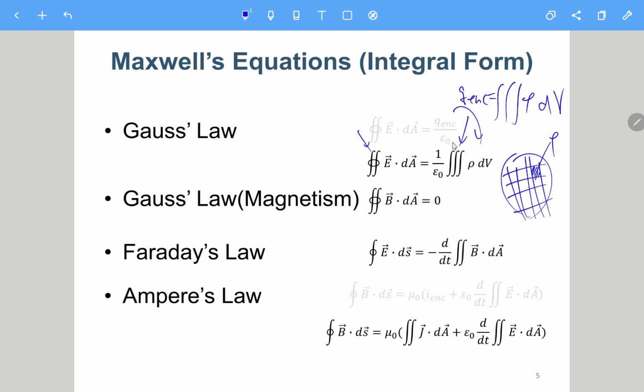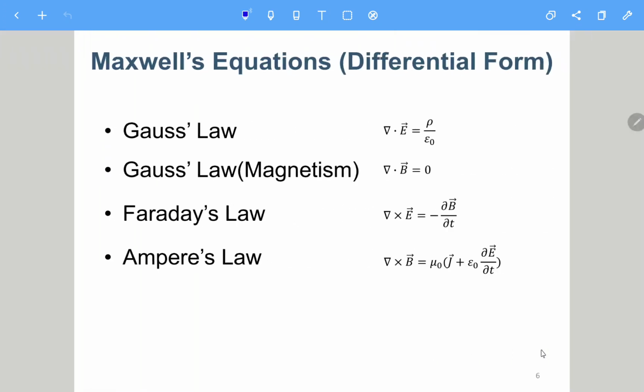So we make this small change, and also we make a change here: I enclosed is actually the double integral of j dot dA. We have seen it in chapter 26. So we make some changes to all of these four equations, so they look like 1, 2, 3, 4, like that. We have many integral signs there.